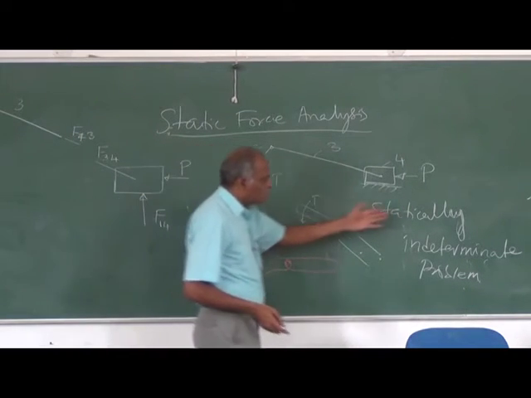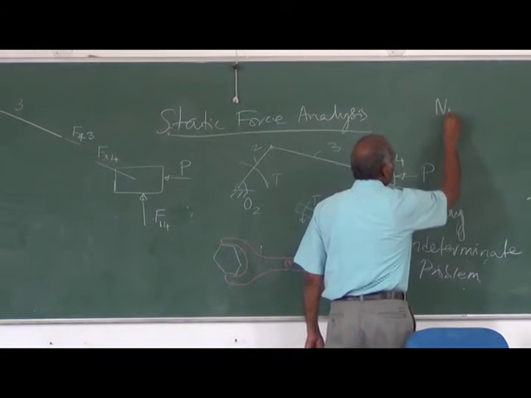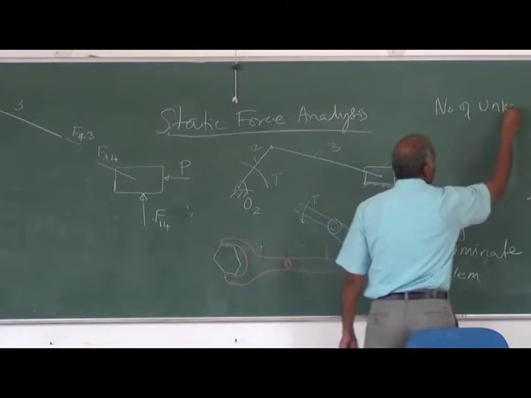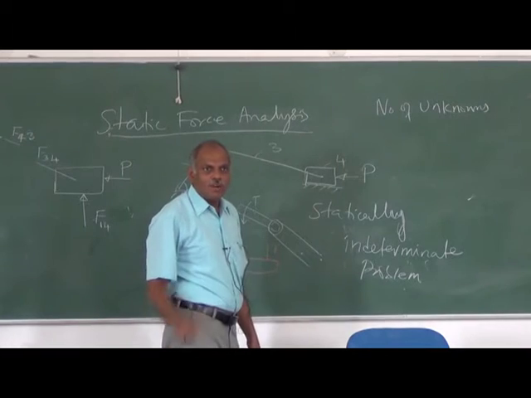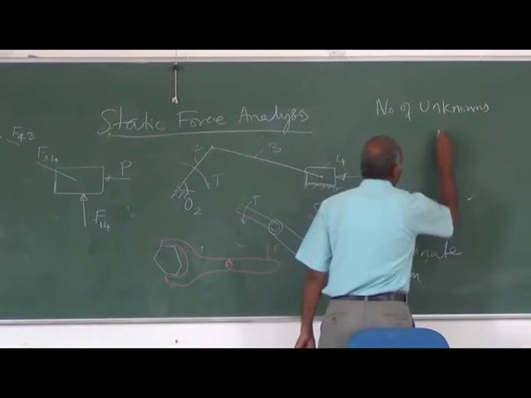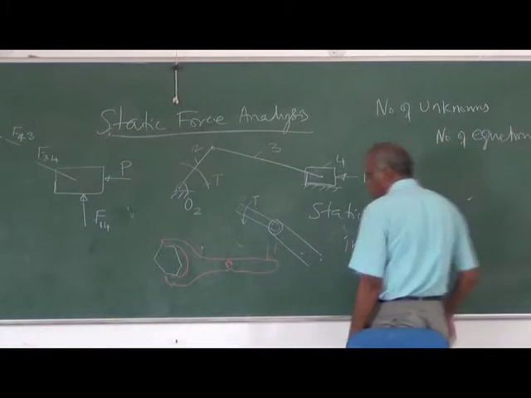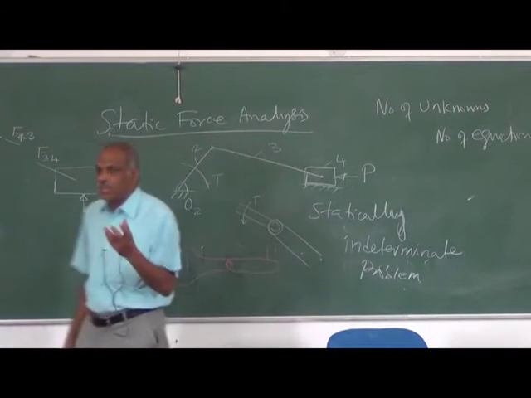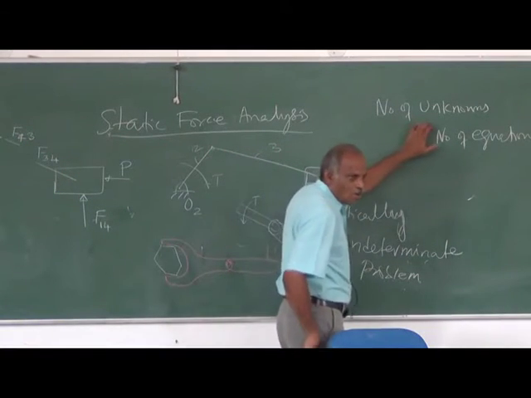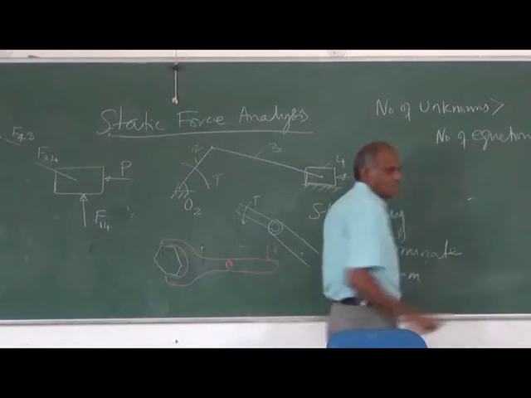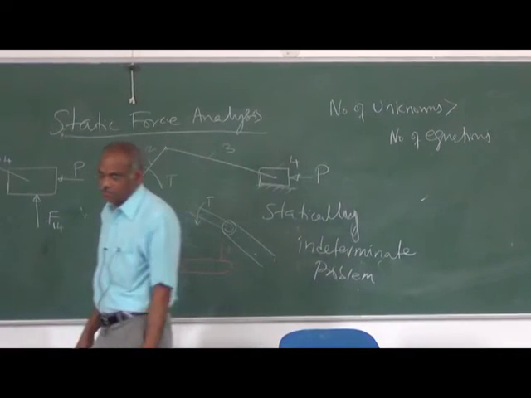Okay? So what is a statically indeterminate problem? You have to find out the number of unknowns, and you have to find out the number of equations available. Equations means number of equations for equilibrium. So if the number of unknowns is greater than the number of equations, you cannot solve.